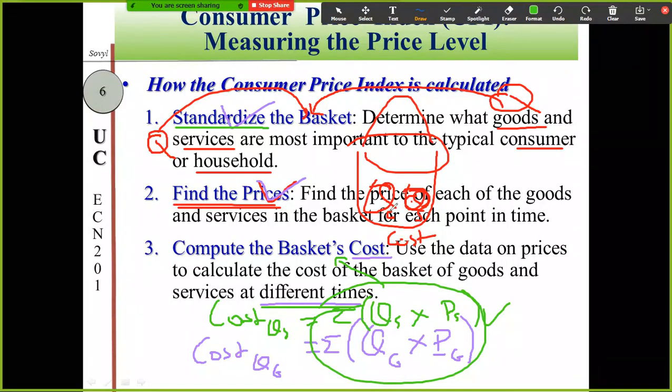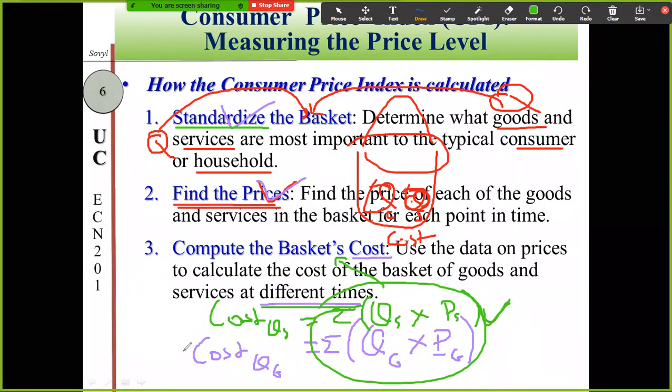So tomorrow you buy the same goods and you pay the cost for tomorrow. Next week you buy the same goods and services and you pay for next week. Next month you buy the same goods and services as today and you pay for next month.